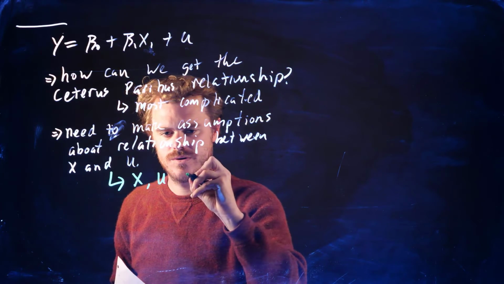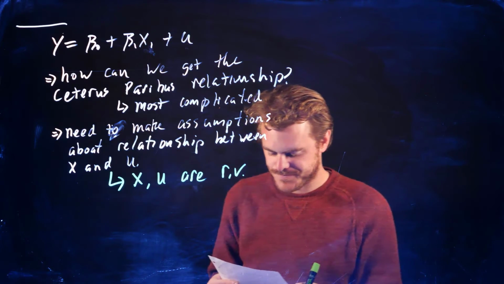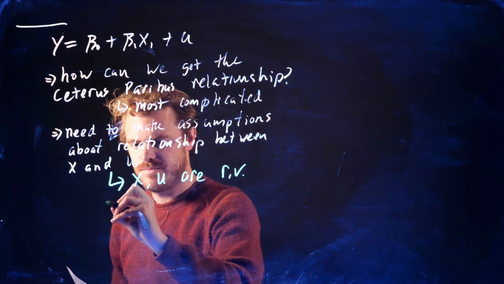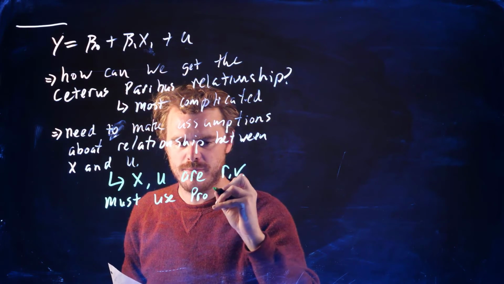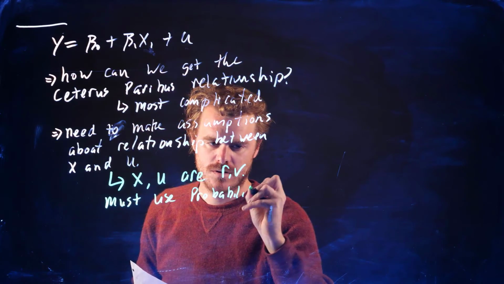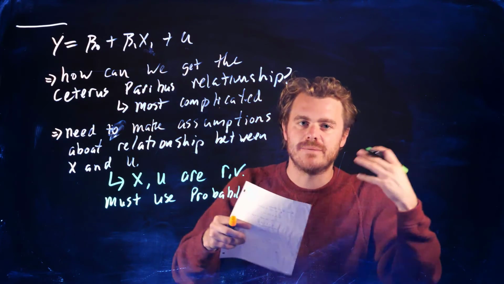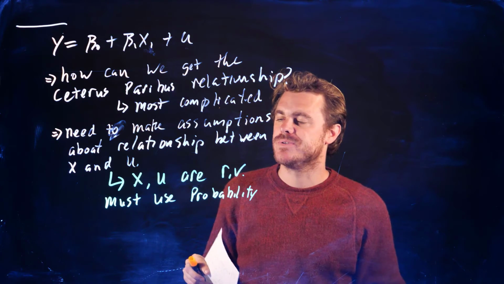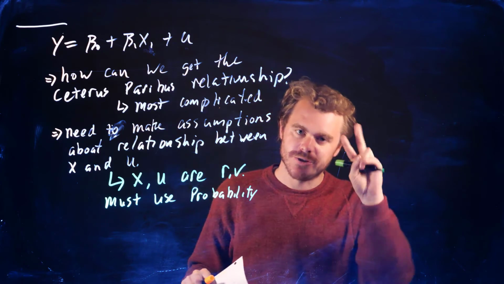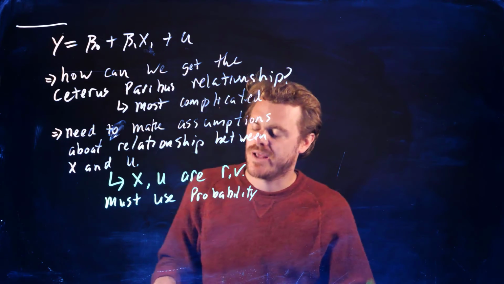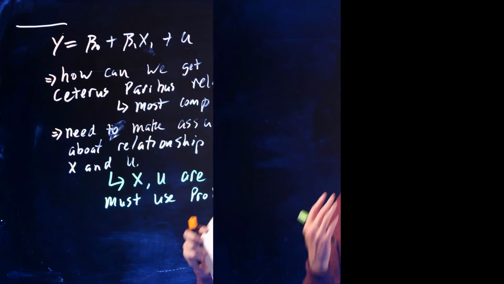But x and u are RV, for random variables, so we must use probability to talk about the assumptions of the relationship between these two variables. So that's what we're going to talk about now. In particular, we're going to talk about two assumptions. The first one is something we could make happen anyway, but the second one is going to be a huge assumption we're going to be making for the next little bit.